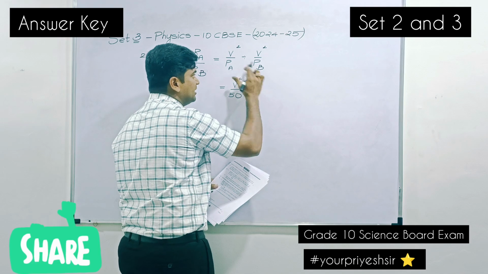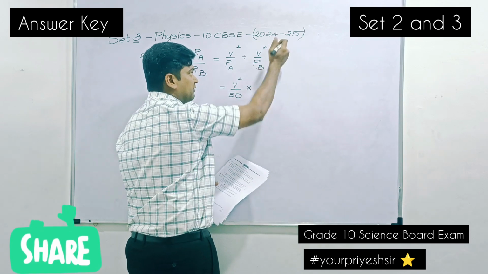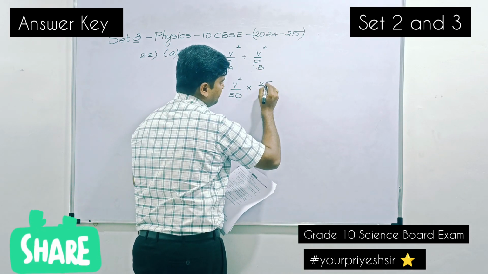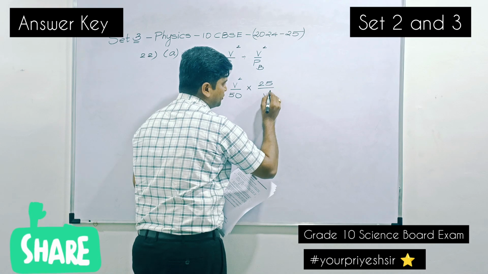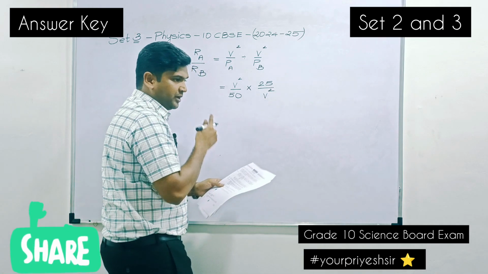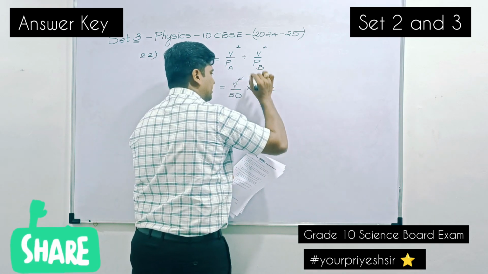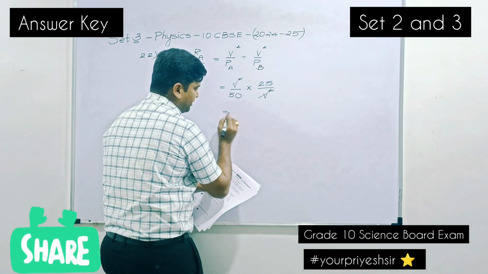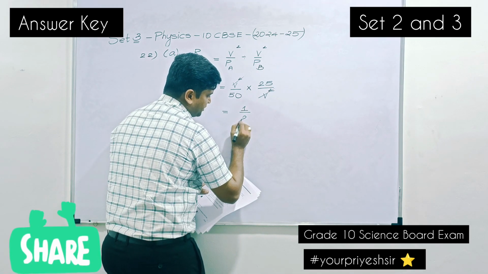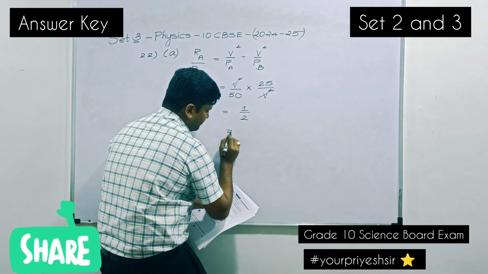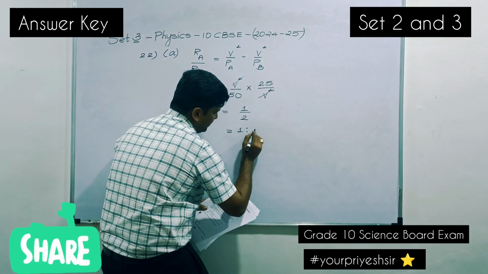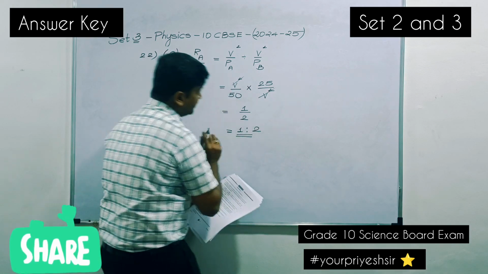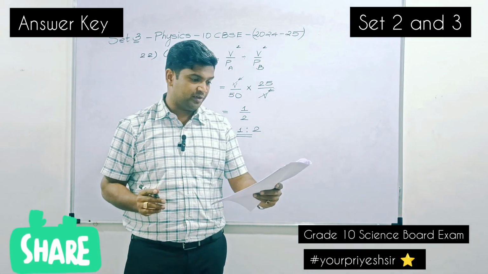I'll multiply, so this is a reciprocal, so power goes up, which is 25 divided by V square. Since both are operated on the same supply, V square cancels. 25 ones are 25 and 25 twos are 50, so the ratio is 1:2, which is what they expect.